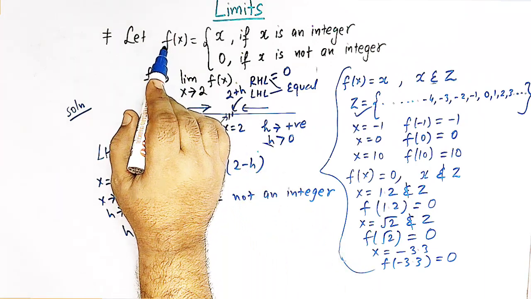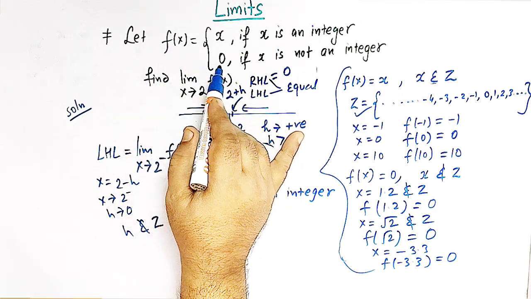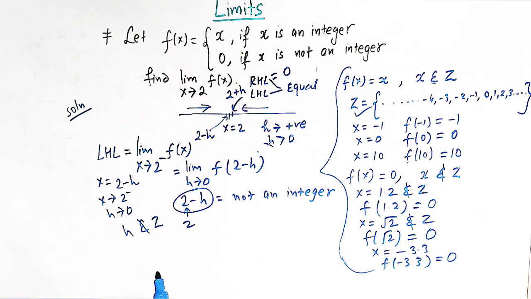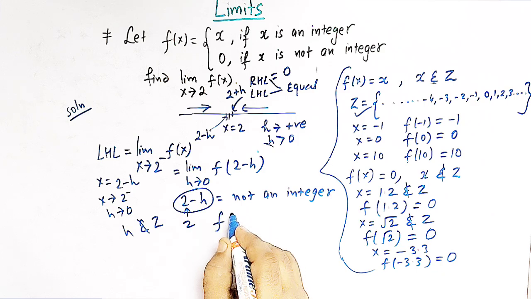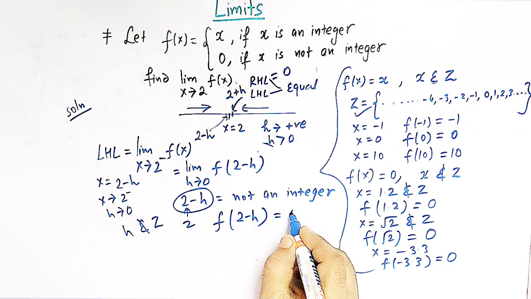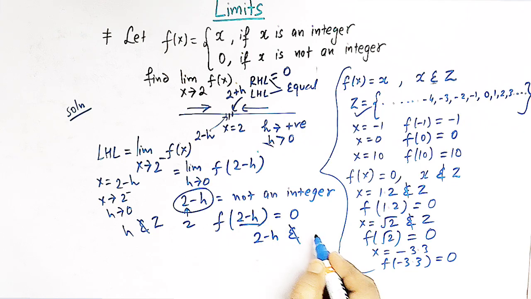So again, by the definition of f, f of x is 0 when x is not an integer. So 2 minus h is not an integer. So the image of 2 minus h under f is equal to 0, because 2 minus h does not belong to the set of integers, right?